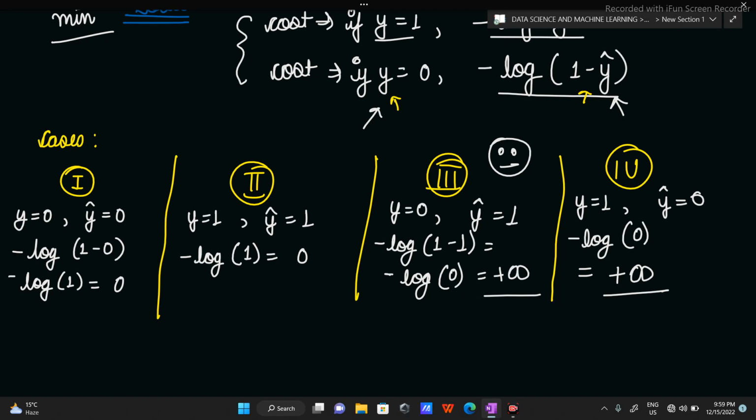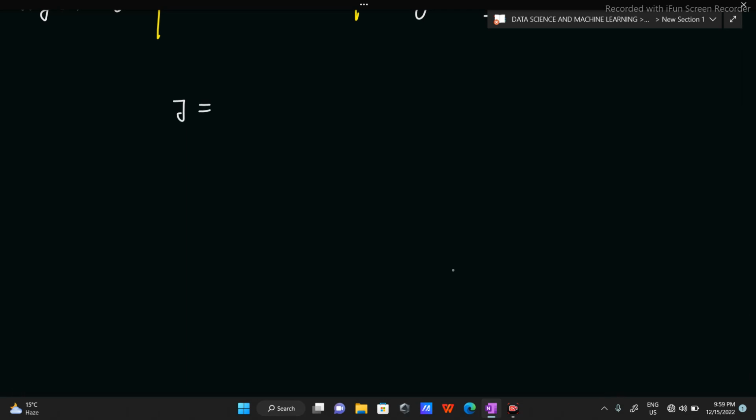Okay, so my overall cost function would look something like this. J equal to the mean of all losses. Sorry, mean is actually sum divided, it is the average, right? So it will be the mean of all losses. So 1 upon n, where n is the number of samples.